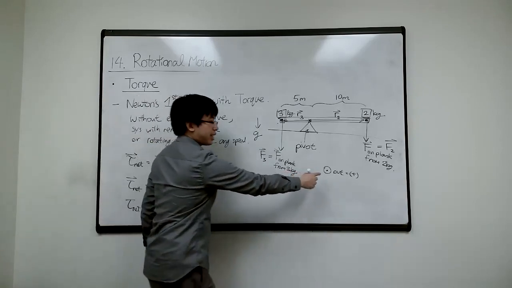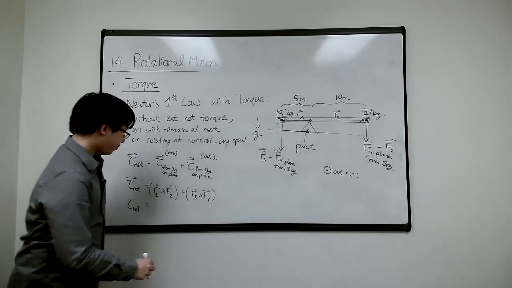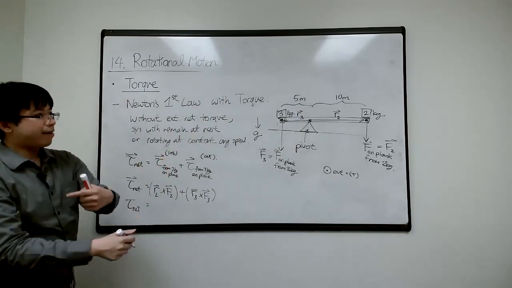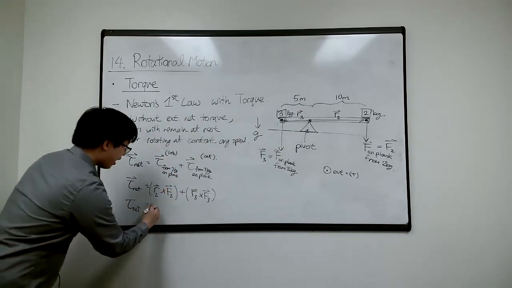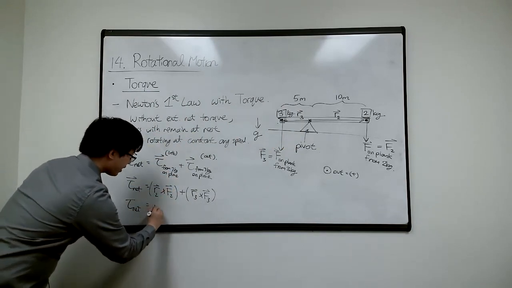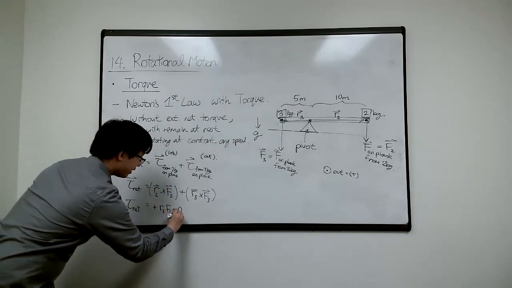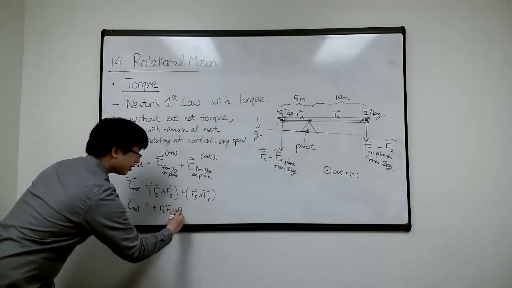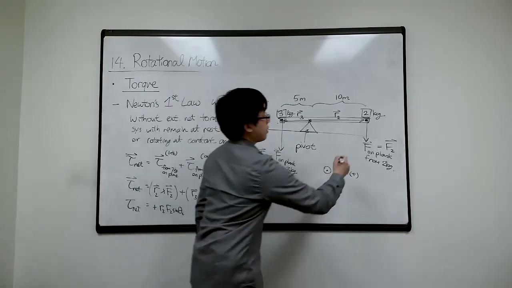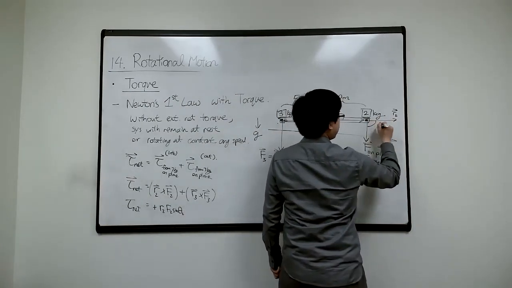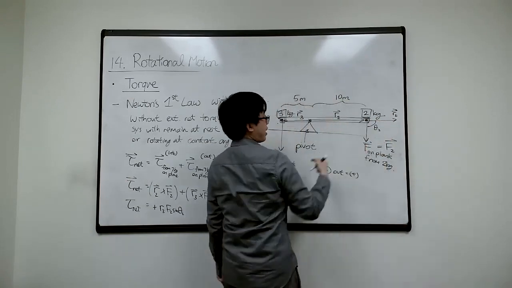So I'm going to choose out as positive. R2 cross F2 is going to be out, so it's going to be positive R2 F2 sine theta. Let's say theta 2 is the angle between R2 and F2.